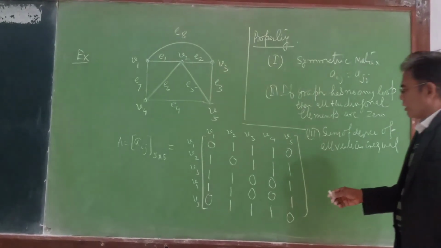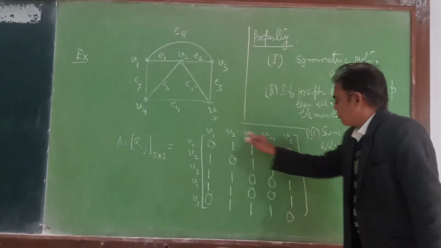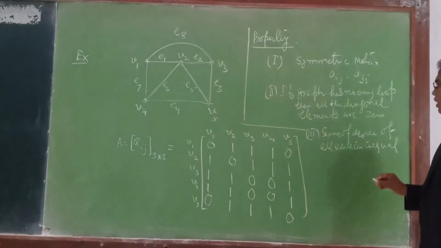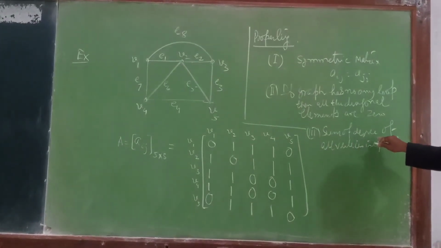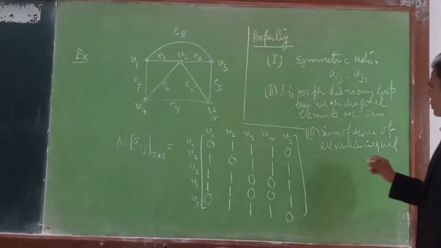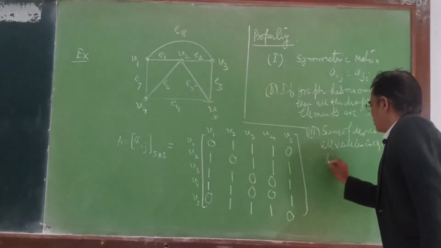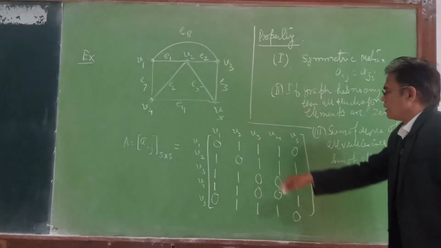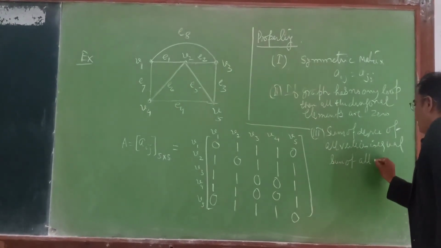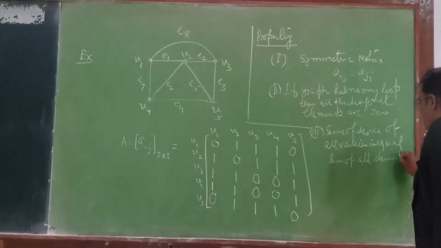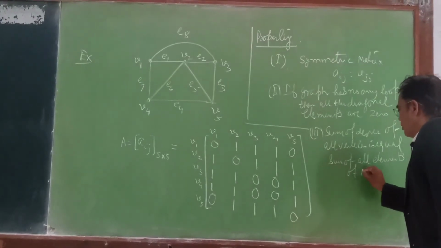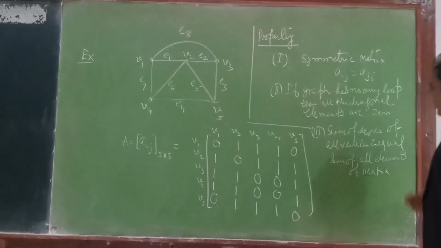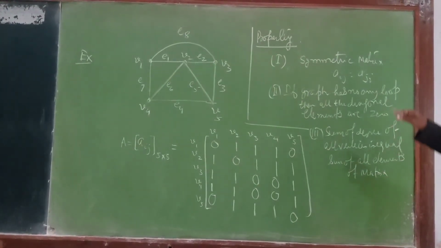If we take the sum, both are equal, meaning the sum of degrees of all vertices equals the sum of all entries in the matrix, the sum of all elements of the matrix. Okay, so this is the very important property.